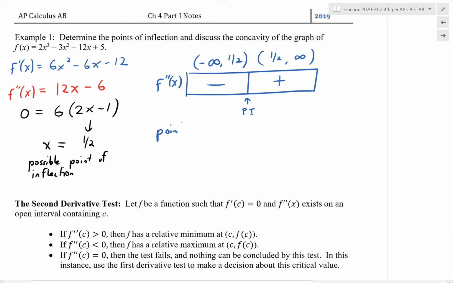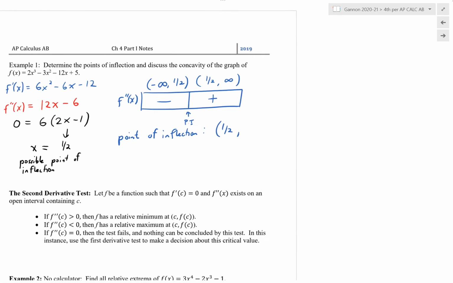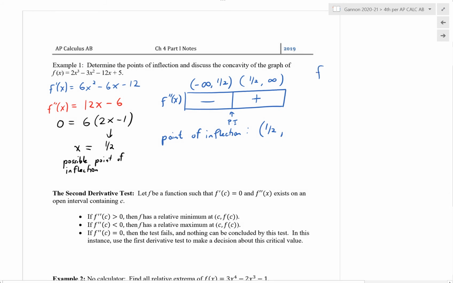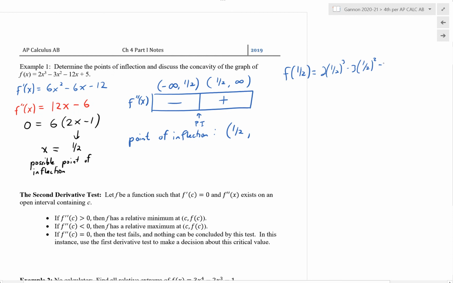If we wanted to know the actual coordinates of the point of inflection, the x coordinate is 1/2. If we wanted to find the y coordinate, we would have to plug back into the original function. So we could do that real quick. f of 1/2 is going to be 2 times 1/2 cubed minus 3 times 1/2 squared minus 12 times 1/2 plus 5.